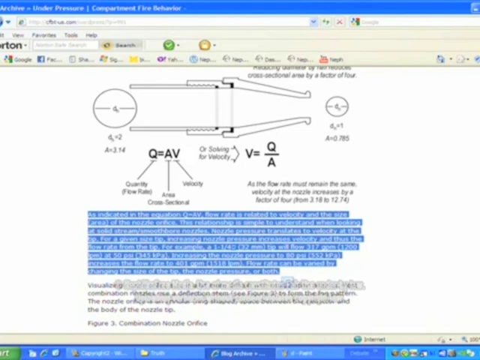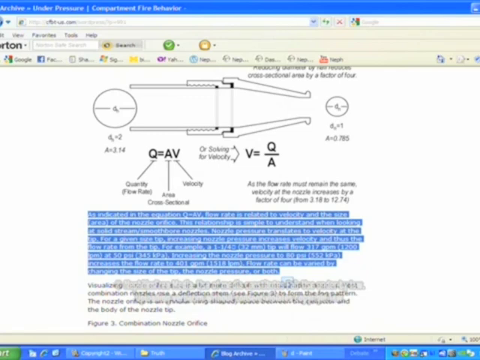He states also, as indicated in the equation Q equals AV, flow rate is relative to velocity and to the size, area, of the nozzle orifice. The relationship is simple to understand when looking at solid stream smooth-bore nozzles. Nozzle pressure translates to velocity at the tip. For a given size tip, increasing nozzle pressure increases velocity and thus the flow rate from the tip.